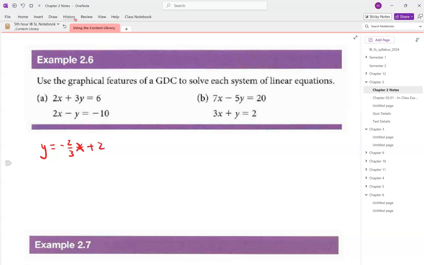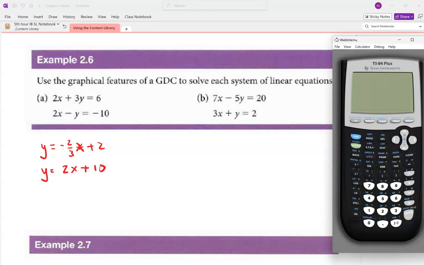And the second equation would be y = 2x + 10. Is everybody okay with what I did there? I just got the y's by themselves. I didn't show the algebra. Are you okay with me not showing the algebra? I hope so. All right.